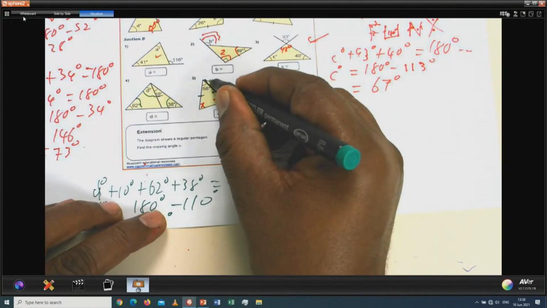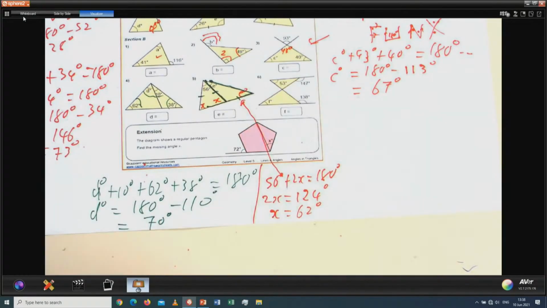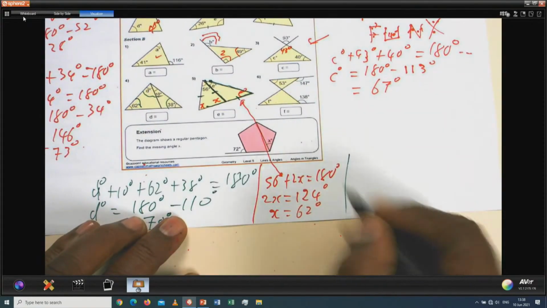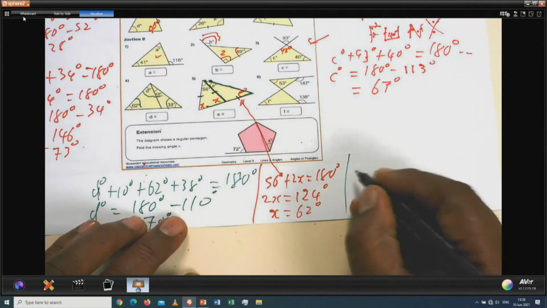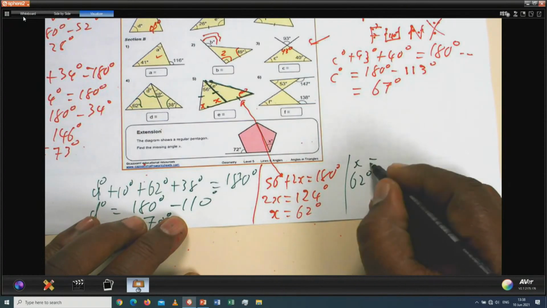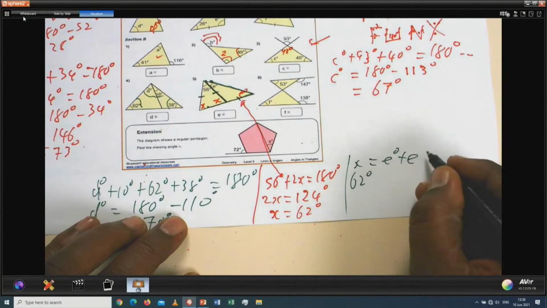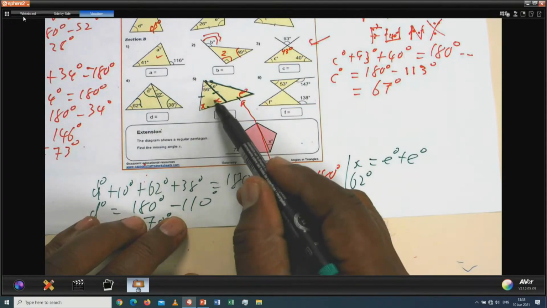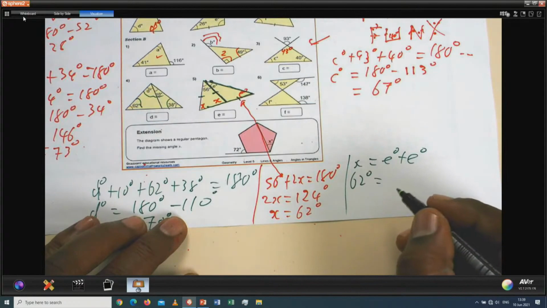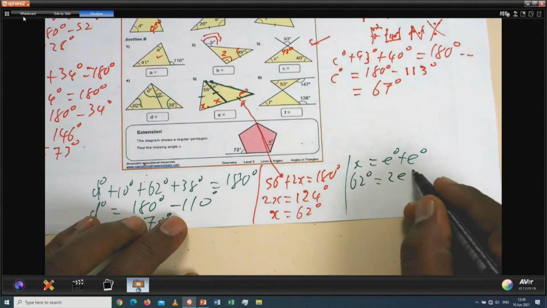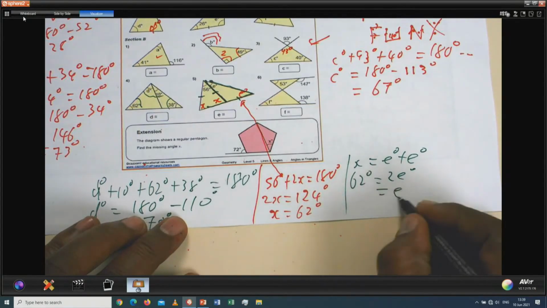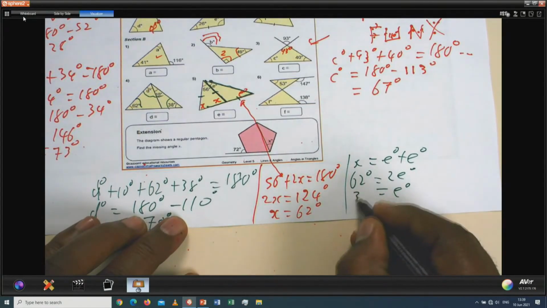An exterior angle. Therefore, x is 62 degrees, or x is equal to E degrees plus E degrees. This x is equal to E plus E. But what is x? 62. And then how many 2's into 2? 1. How many 2's in 32? 31.